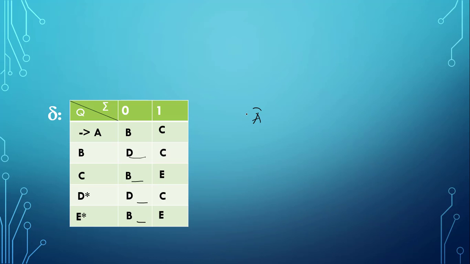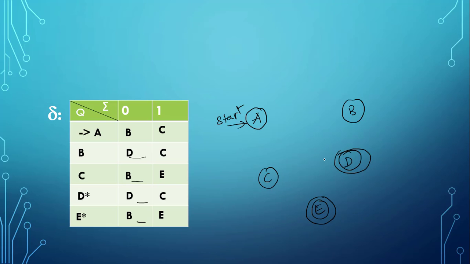We start with A, which is our start state. We have B, C, D and E, where D and E are our final states. From A we go to B over 0 and to C over 1. From B we go to D over 0 and C over 1.